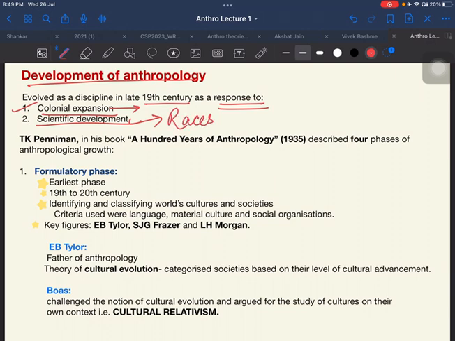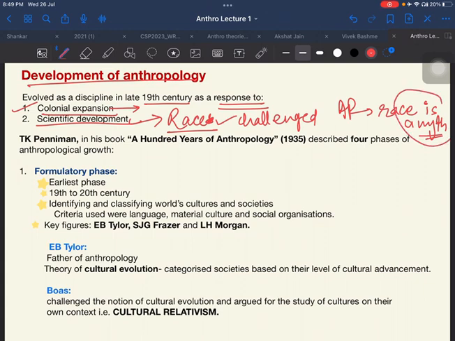So the very basis of ideas present at that time, like race, were challenged. So anthropology emerged as a subject, and anthropology today says that the concept of race is a myth, and this supports the idea of scientific development. So these were the two main forces behind the evolution of anthropology as a full-fledged subject.